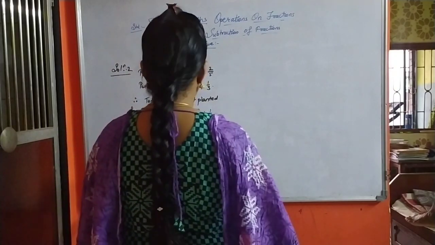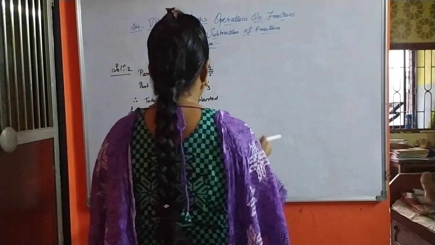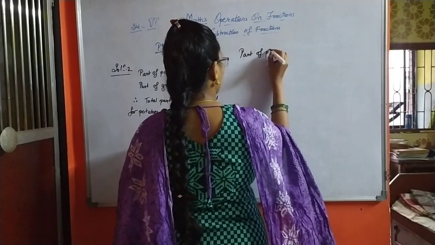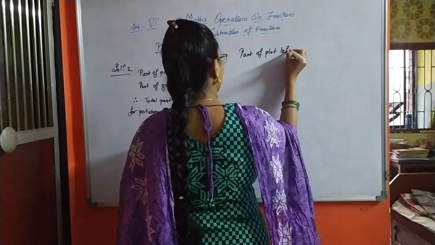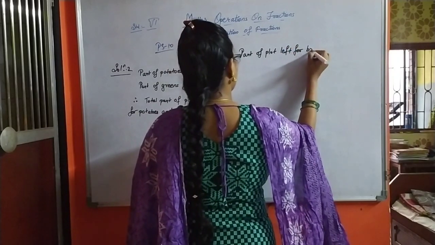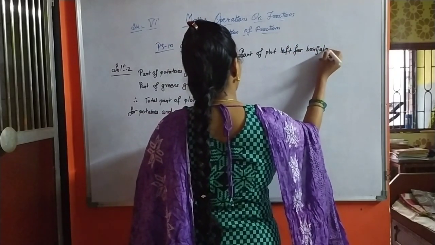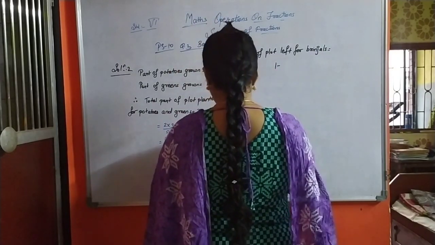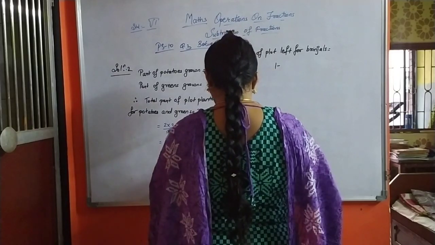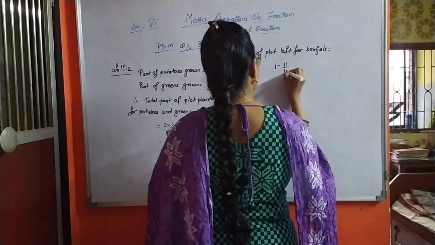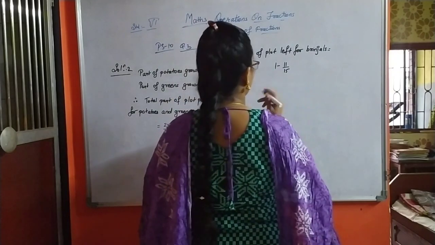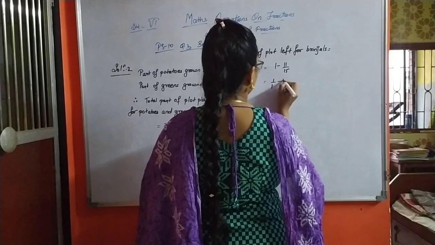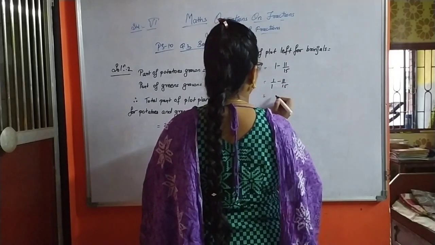So now we have to find the part of plot left for brinjals equals, so we have got here 11 upon 15. So 1 minus 11 upon 15. So no denominator, so we'll put 1 in the denominator.